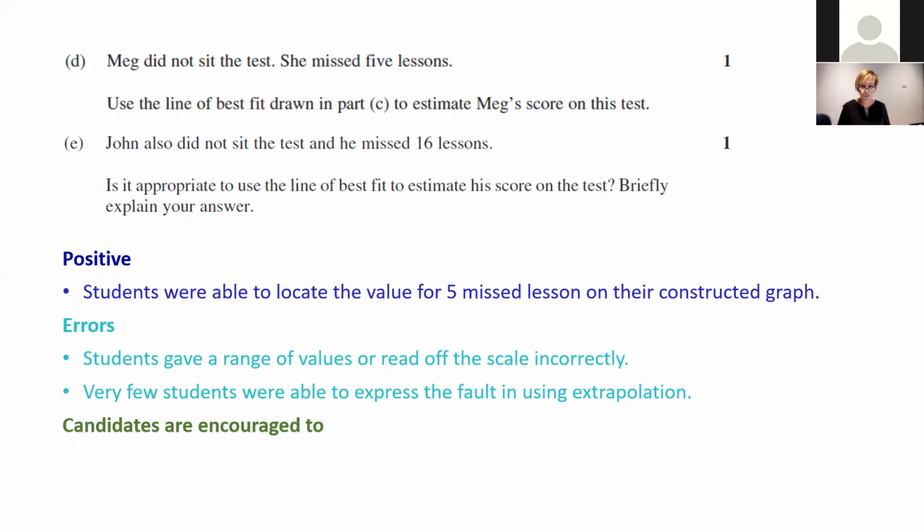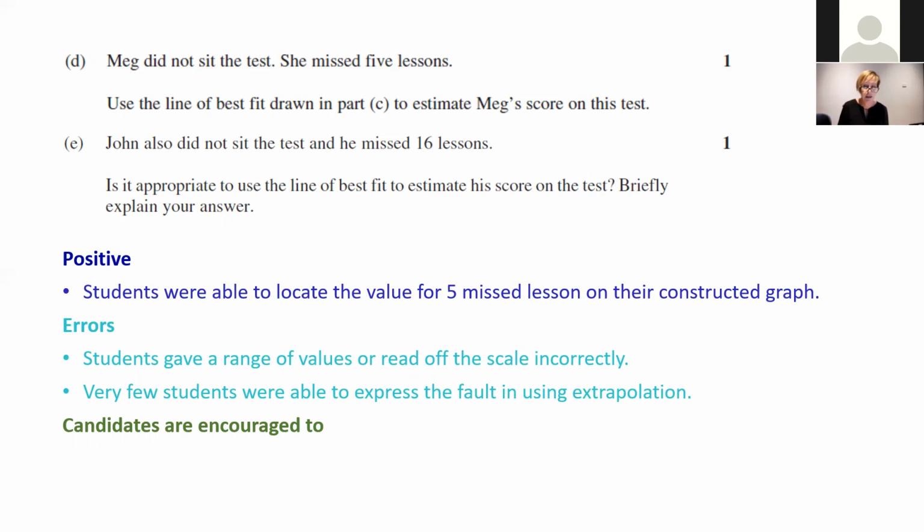What was important here is that if they didn't complete their line of best fit, then they weren't able to access the mark here for D, because they're asked to use the line of best fit. So if they didn't have one, they couldn't use it. So it's important that they complete all parts of the paper to the best of their ability.